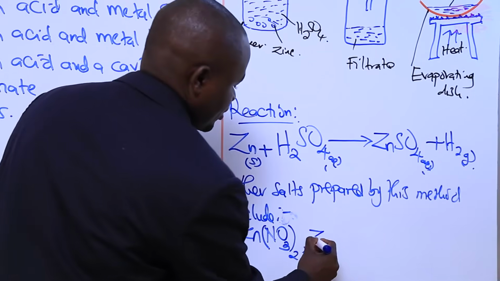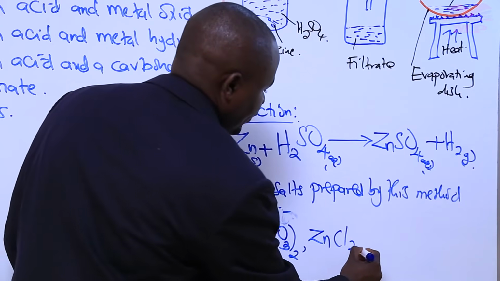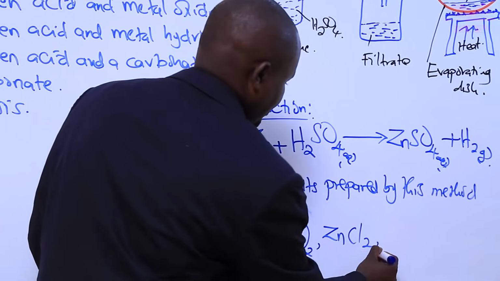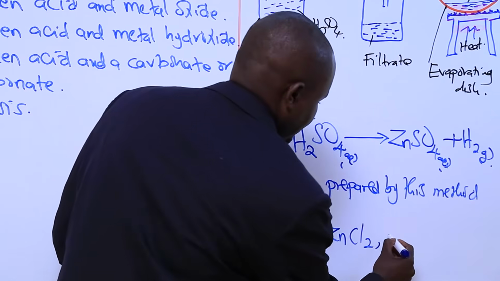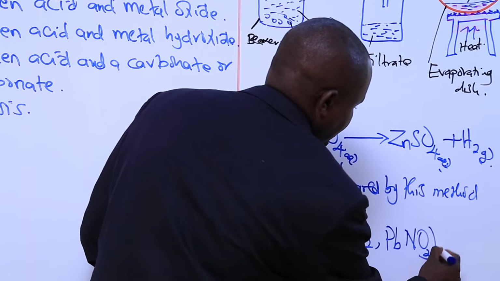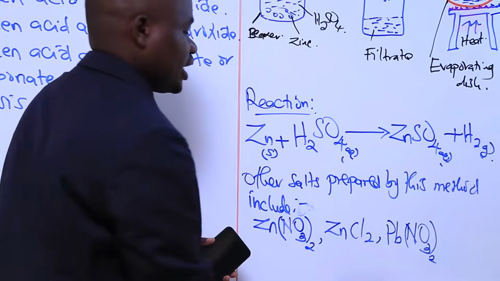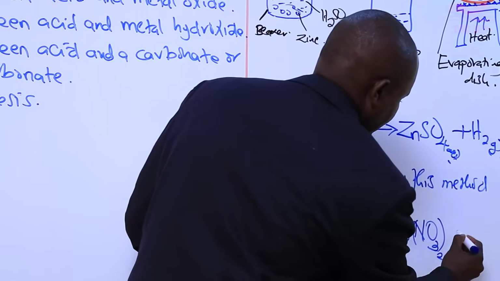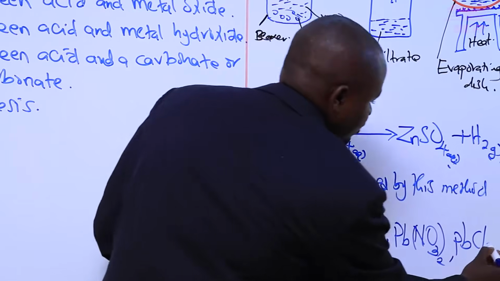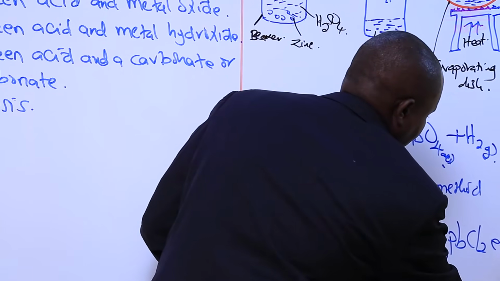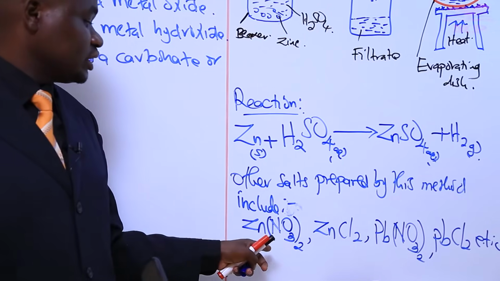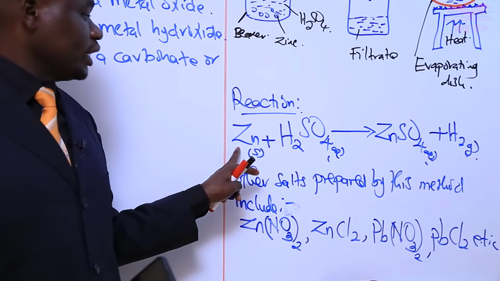We also have zinc chloride. We have lead nitrate. We can still have lead chloride, and so on and so forth. There are quite a number. These are just a few where we're reacting a metal and an acid.